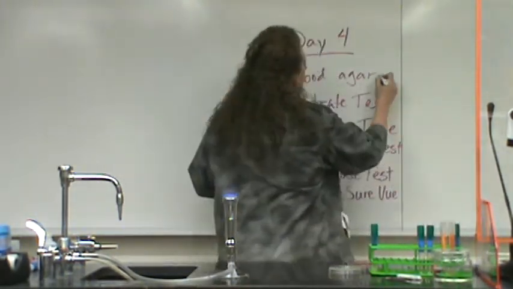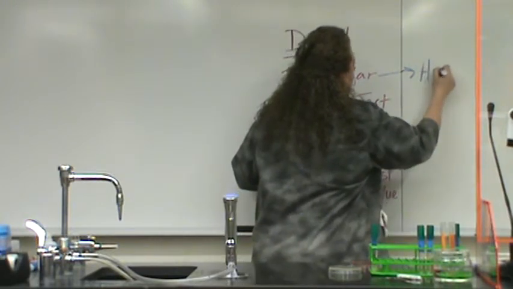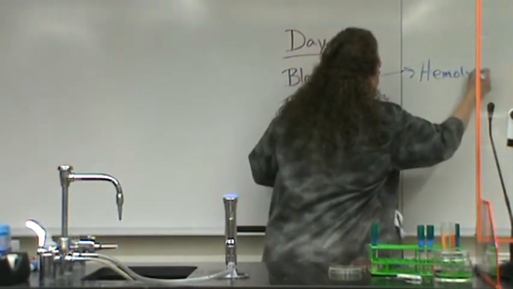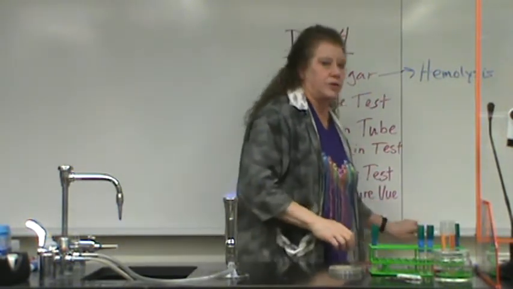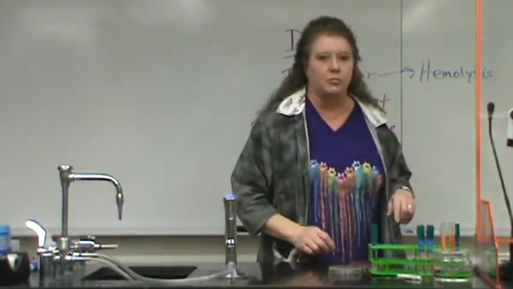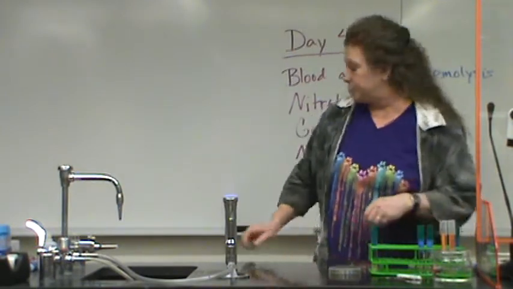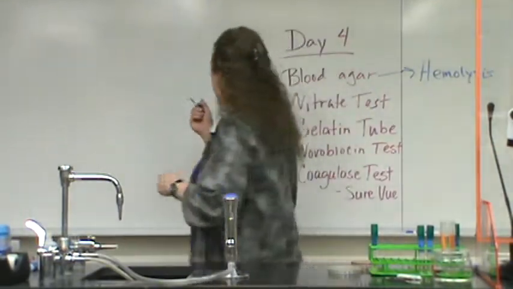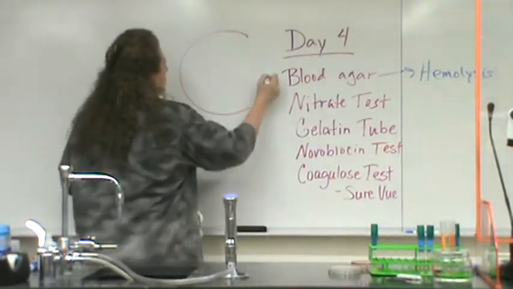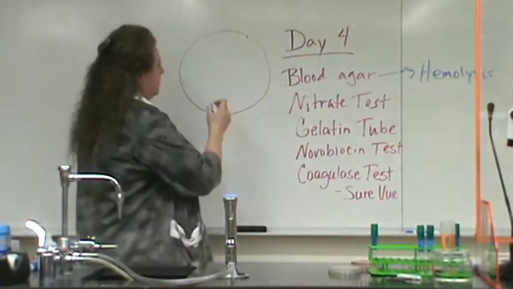So we're looking for the hemolysis, whether the bacteria can break down red blood cells or not. There's 3 different types of hemolysis. You have a blood agar plate, it's all red.